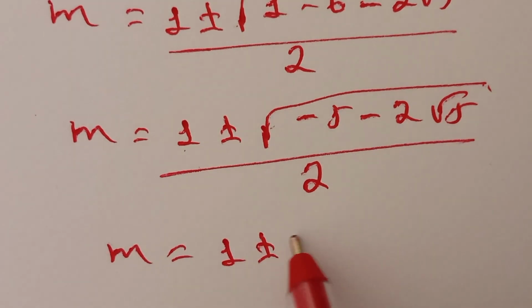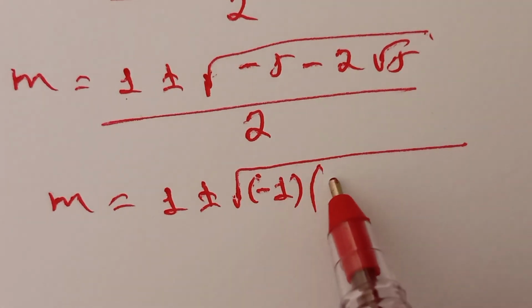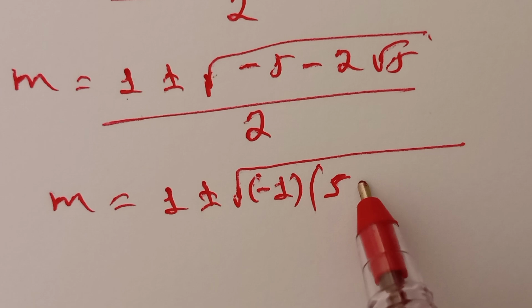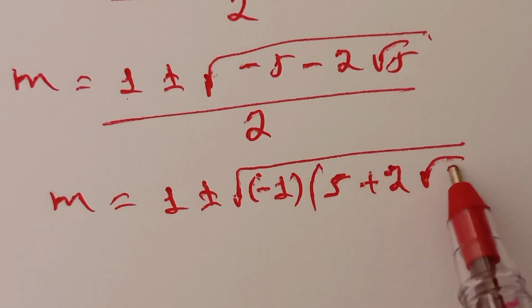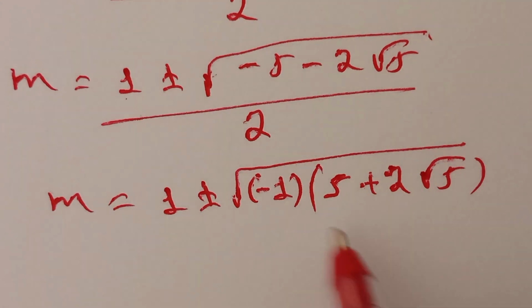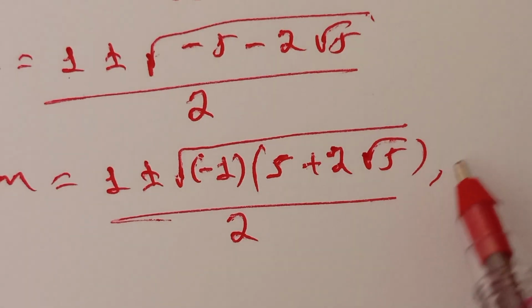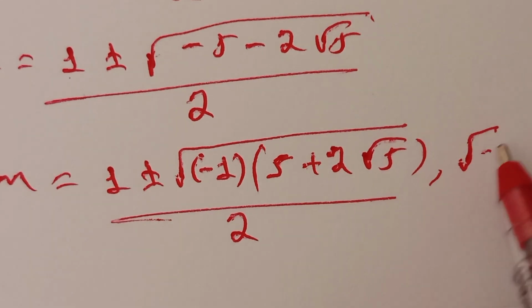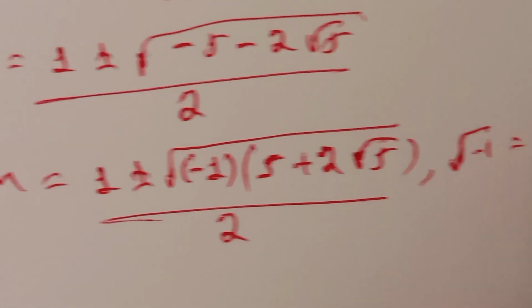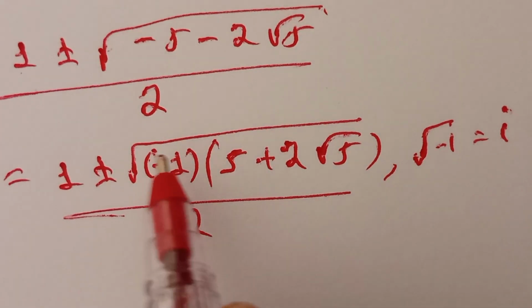Which is the same as m equal to 1 plus or minus the radical of minus 1 times 5 plus 2 the radical 5, over 2. Here the radical of minus 1 means i, a complex number, so this becomes negative 1.